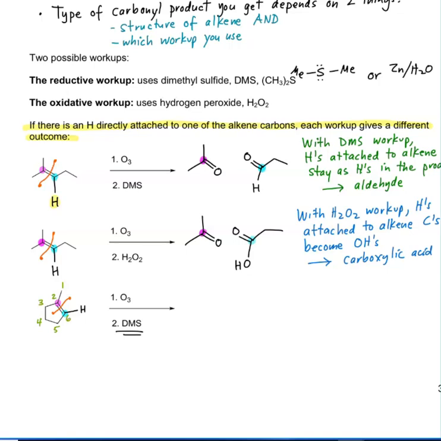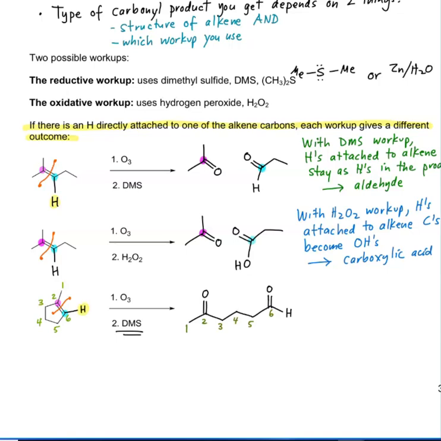And so breaking the alkene, in this case, is going to break open that ring. So we have carbon 1, 2, 3, 4, 5, and 6. Carbon 2 becomes a carbonyl carbon, and carbon 6 becomes a carbonyl carbon. Carbon 6 also still has that H attached to it.